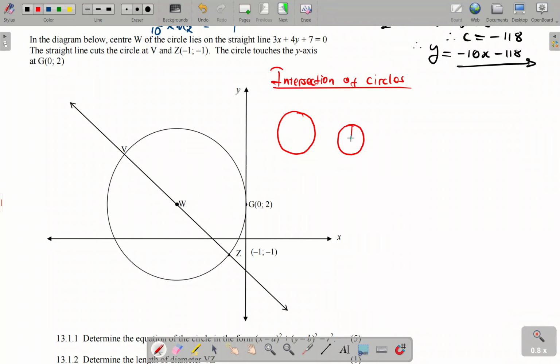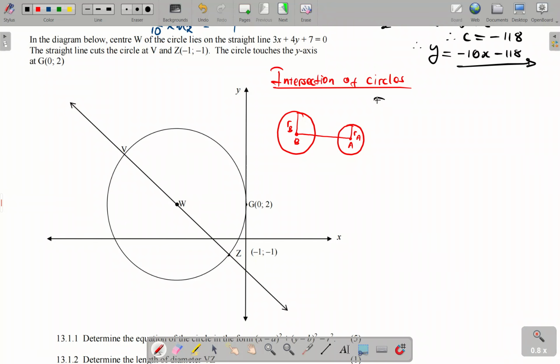So let's say this is your radius, and you can call this center A. Then this will be B, and this should be your radius A. This will be your radius B. So now, if you have to check, this will be the distance between their centers.